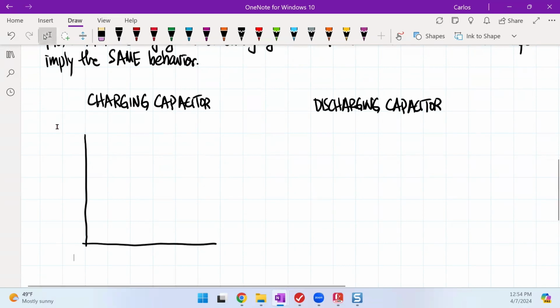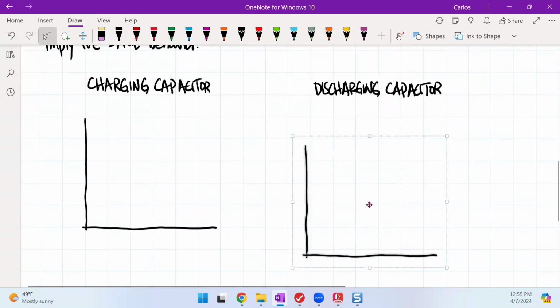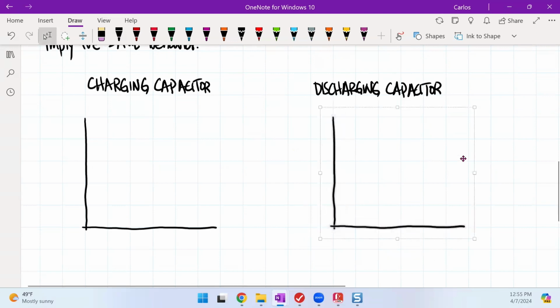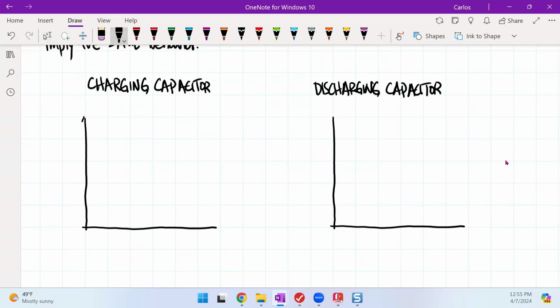Then I copy and paste the same curve, so that they're the same size. On this axis, we're going to plot VC of t on both of them, and of course, we have our time axis here.